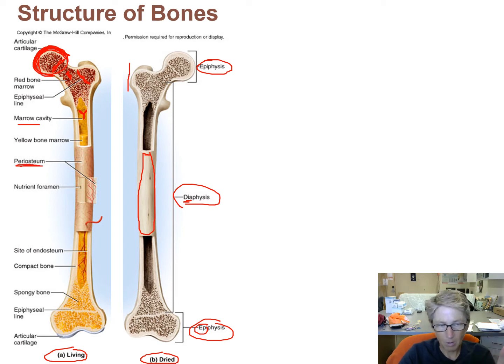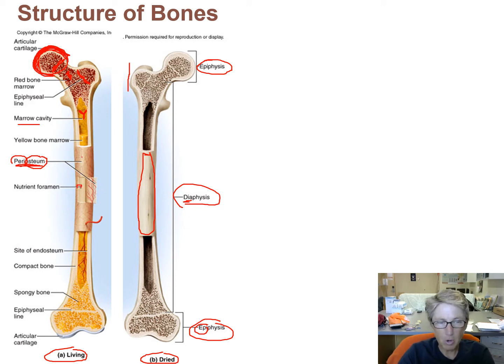It's a covering on the bone. So peri means around, so it goes around the bone. It's the periosteum. So anytime you see osteum or osteo, anything like that, that means bone. So remember the cartilage was the perichondrium. This is the periosteum, and it's just a connective tissue that covers the bone in this case.